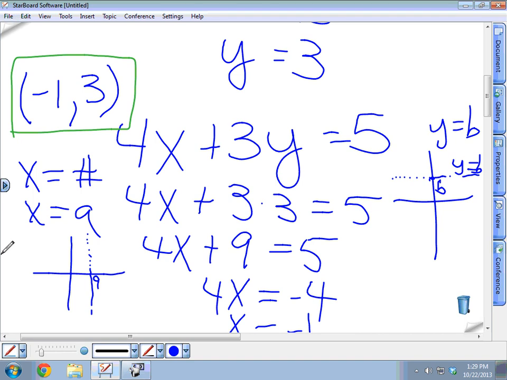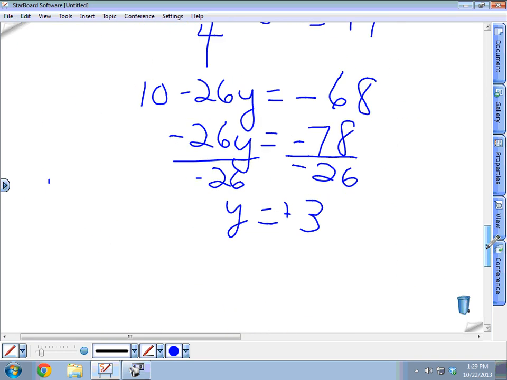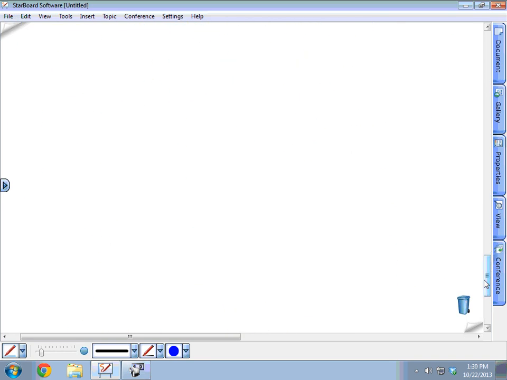And so that was a good review from last section. But also, if they give you a system of equations where one's a vertical or horizontal line, well, the substitution is going to work really nice, because wherever x is, you're just going to put in whatever the number is. It's already done all that other stuff that we did to solve it by itself. So there's going to be times that one will work better for you. And so you're going to try both.